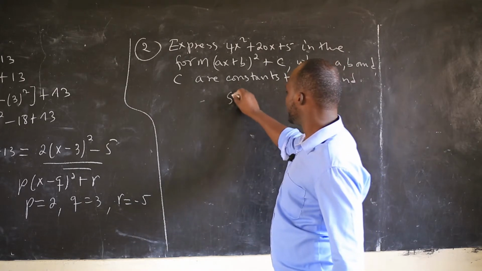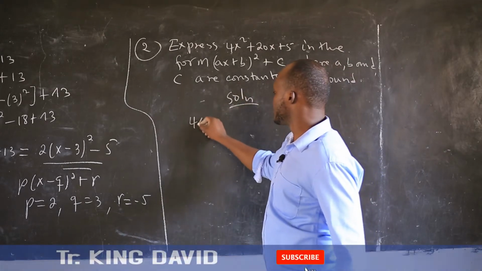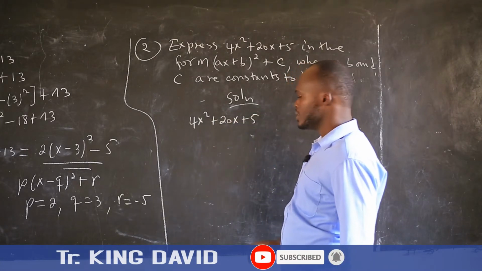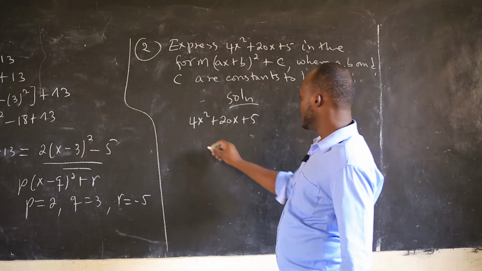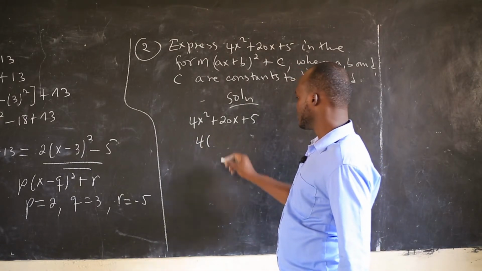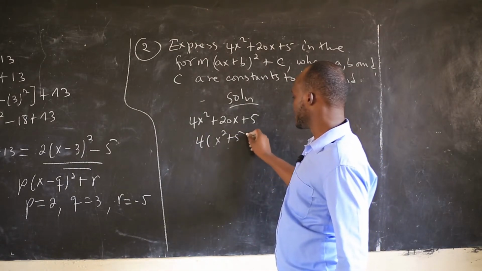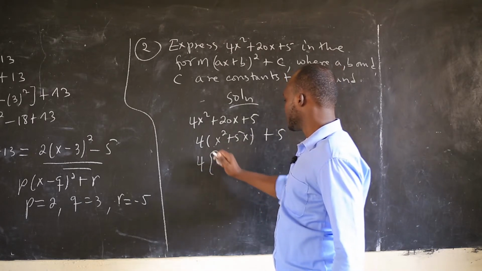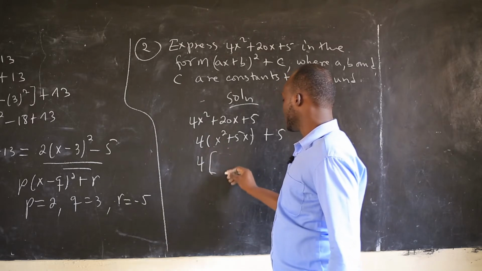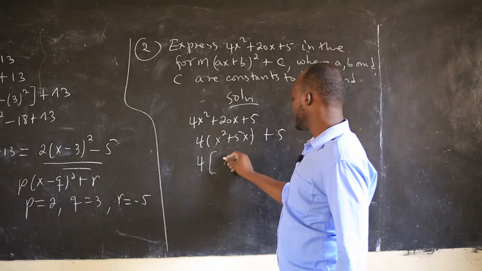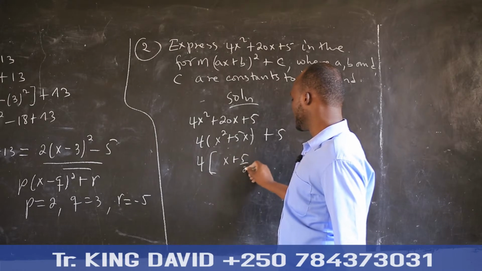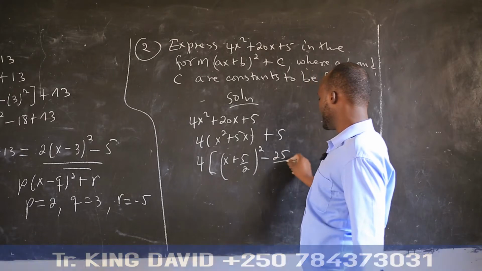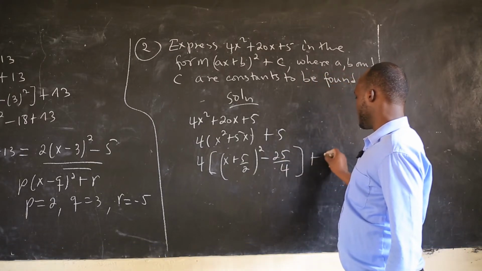So number 2, we have 4x squared plus 20x plus 5. So what are we going to do? We just take 4 out of the bracket, remain with x squared plus 5x plus 5. So this is 4 into bracket. We will complete the square of that one, that is (x plus 5 over 2) squared minus this one squared, which is 25 over 4. Then plus 5.